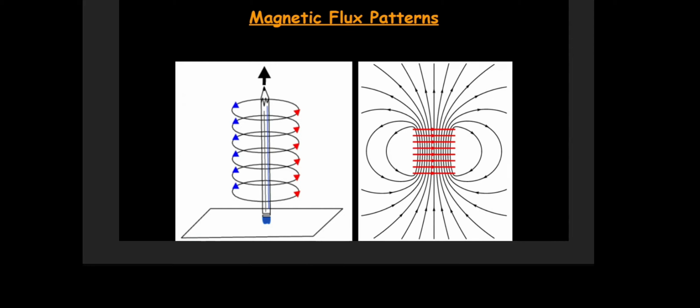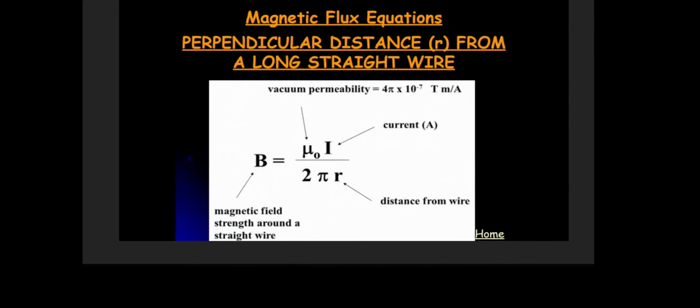So once you find the strength at a point, if you continue around in a circle around the conductor at that same distance, it's the same strength at any of those points. That's why they use the circumference equation. So we use this equation when it's just one wire and we need to find the field strength at a point away from the wire.